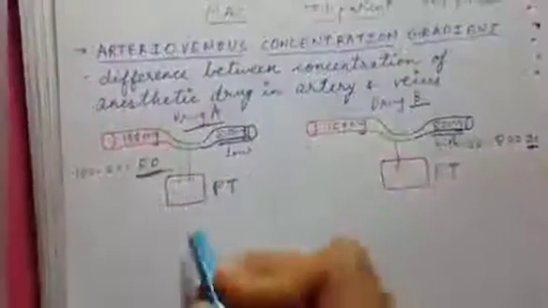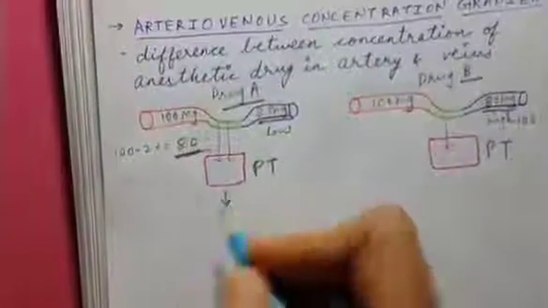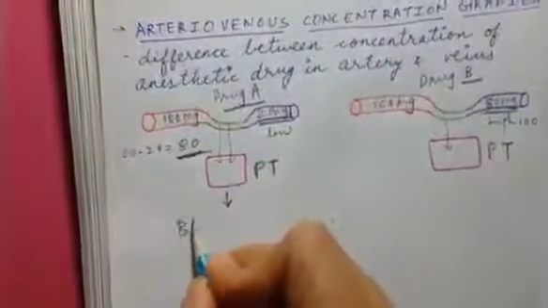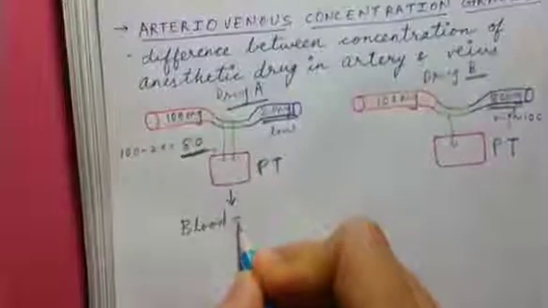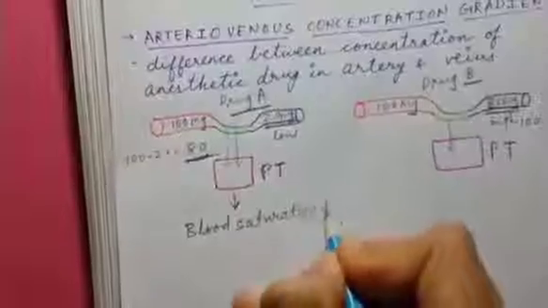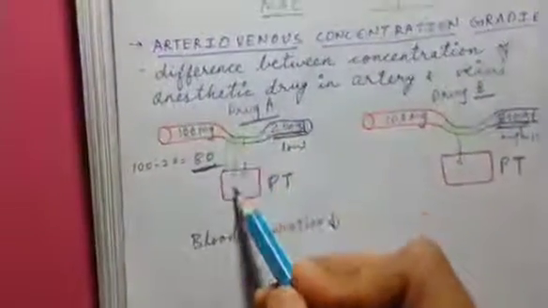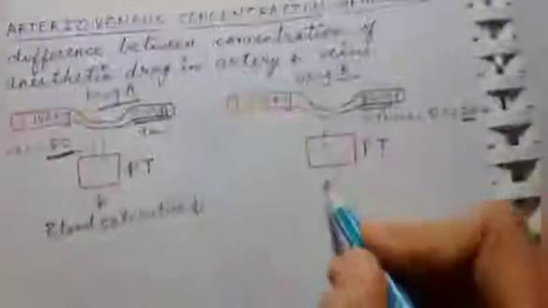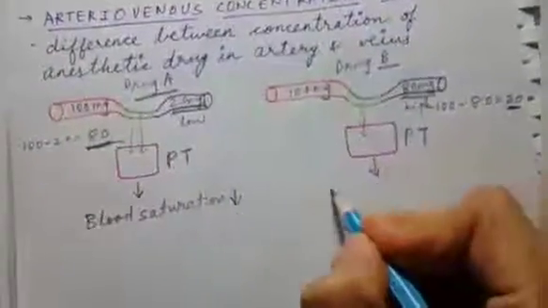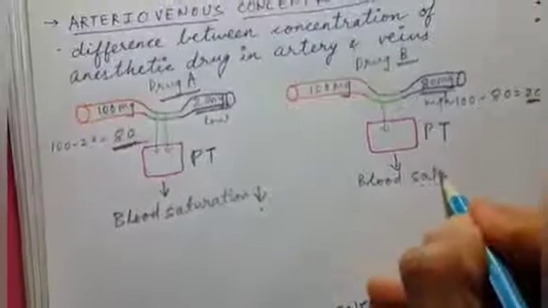It means in the first case the blood will not saturate quickly. The blood saturation will be less in this case, because the drug is not remaining in the blood vessel, it is entering the peripheral tissue. In the second case, the blood saturation will occur very quickly.